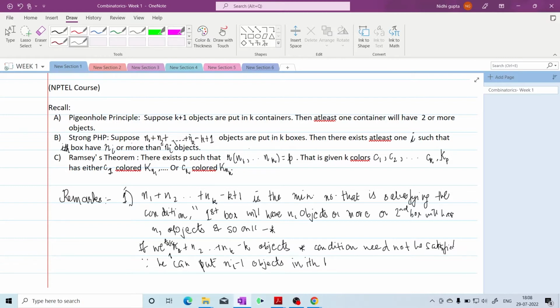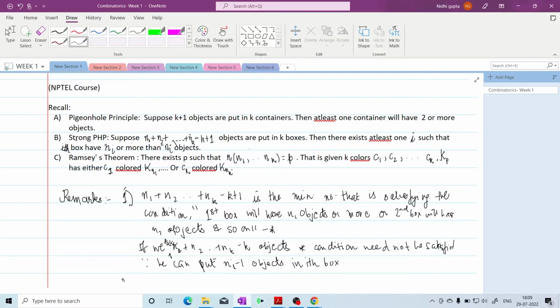So we see that the strong pigeonhole principle is giving us two things. First, it is saying that if we want to put n1 plus n2 plus nk minus k plus 1 objects in k boxes, then we'll have at least one box, ith box, such that that box will have ni or more than ni objects, and this number that we are getting is the minimum such number satisfying this condition.